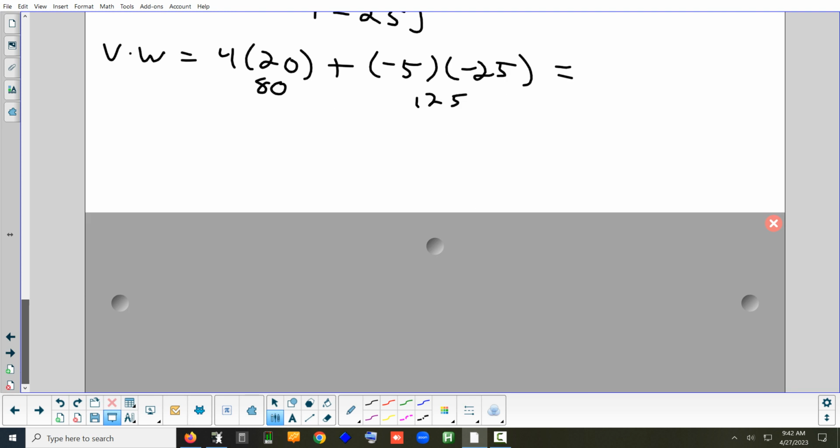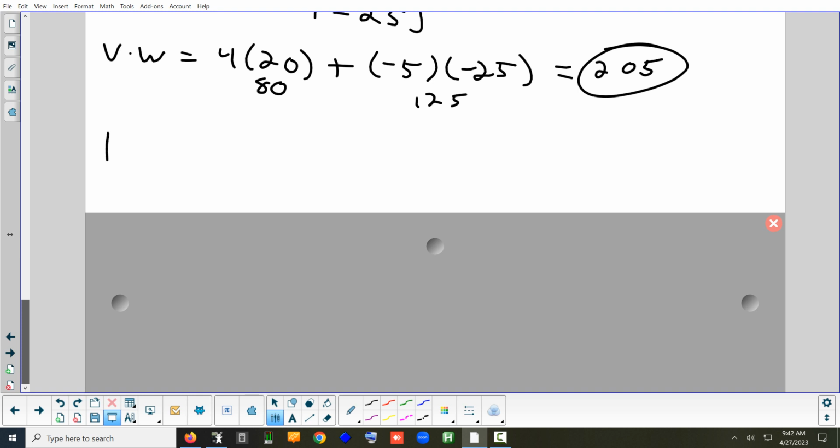Okay, so what's my dot product? 205. Well, there's one thing I can say right away. What do I know about these vectors right now because the dot product came out to 205? Yep, not perpendicular. Are they parallel? Well, I don't know, but they're not perpendicular.